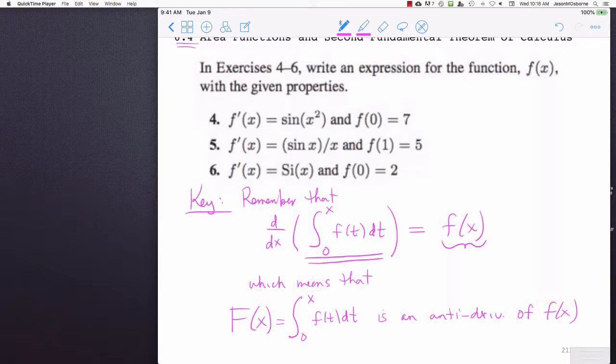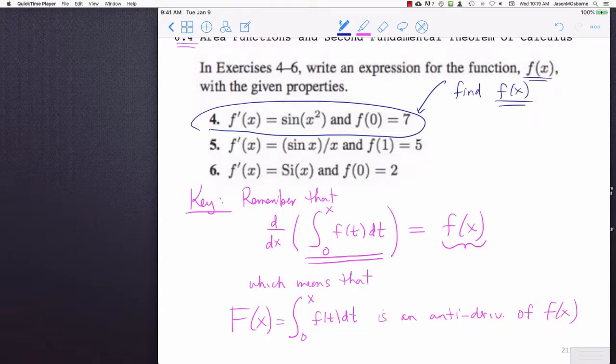Let's take a look at this problem and figure out how to apply what we've learned here. The question asks us to find some function f of x so that, one, the derivative of that function is sine of x squared.